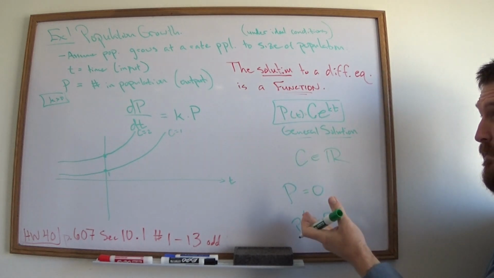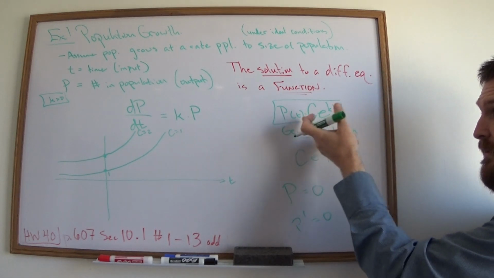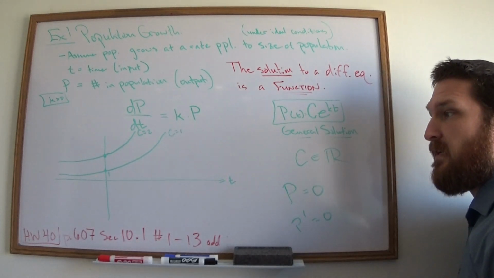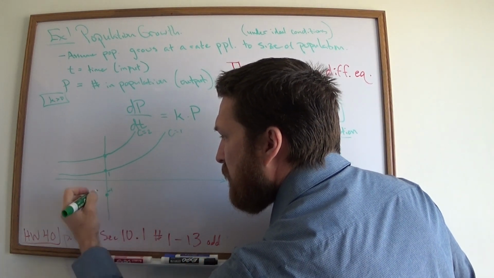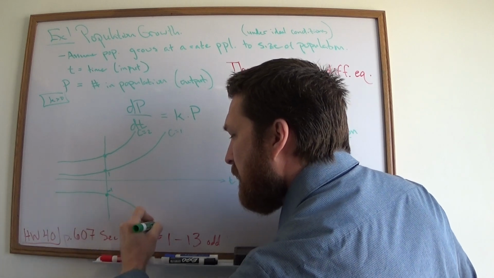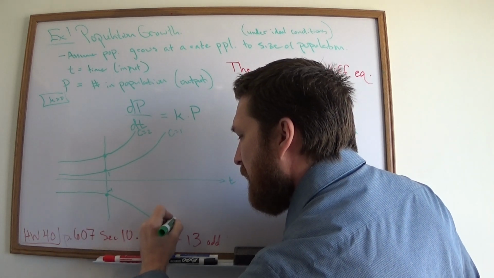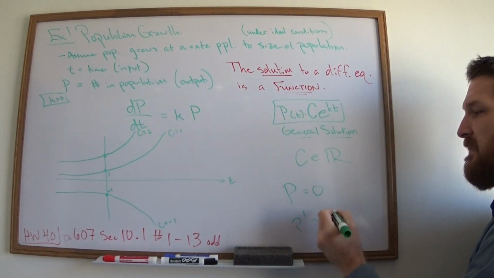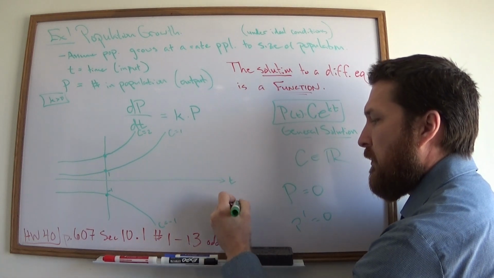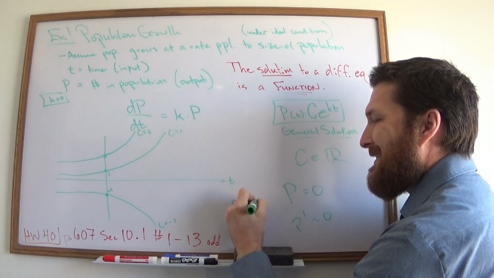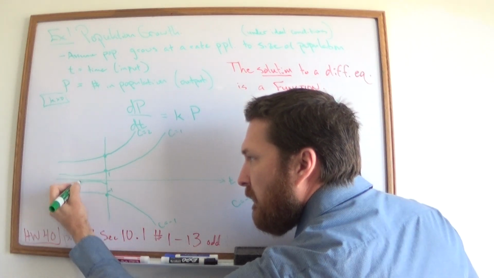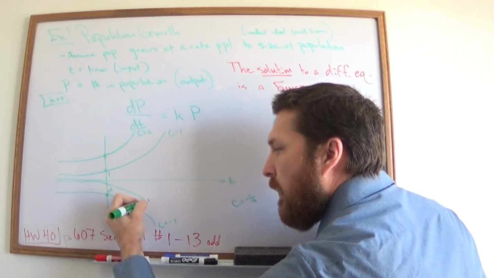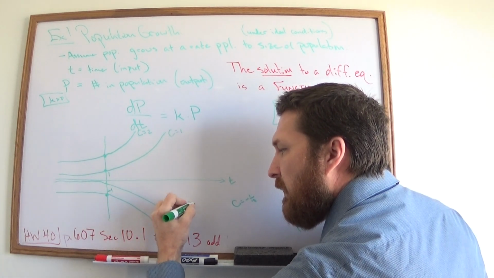Can I plug in a negative 1 here, and does it still solve the differential equation? Yes, I can. So it goes through at negative 1, and comes down like this. If c is equal to negative 1/10, it would go through right here and hug a little bit more.